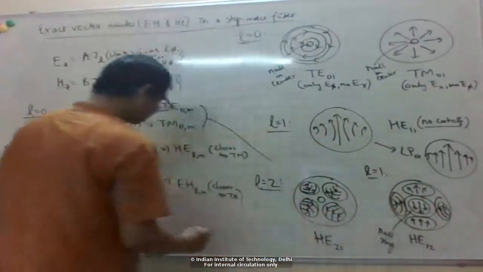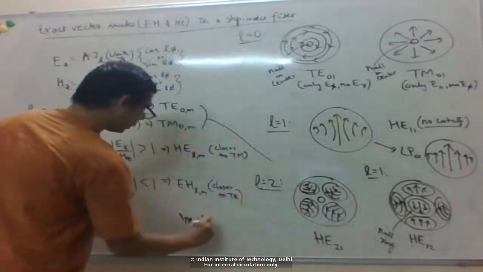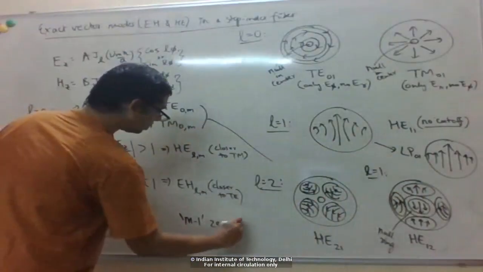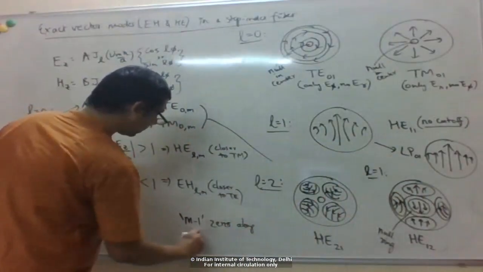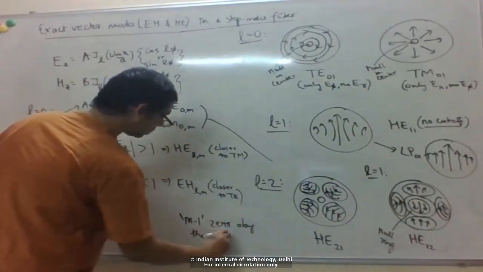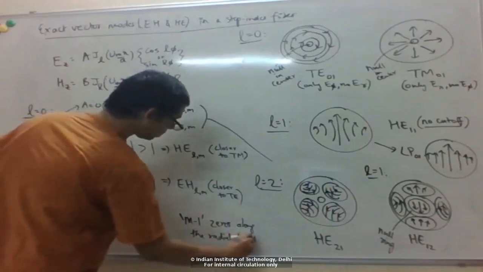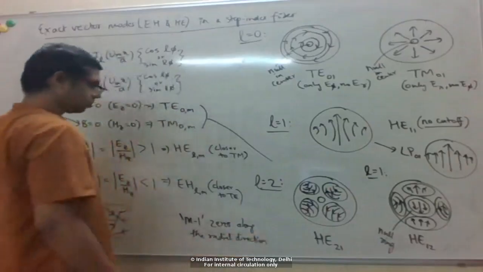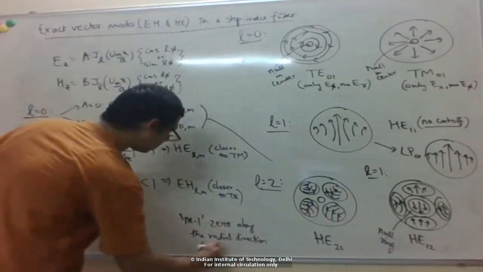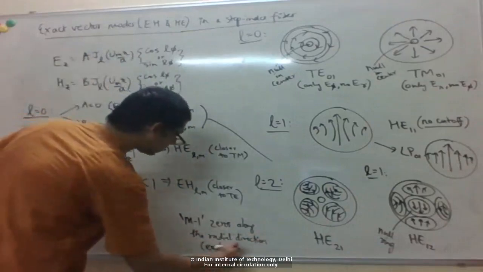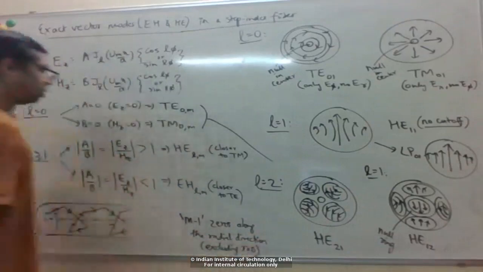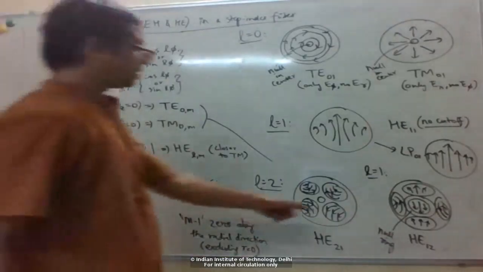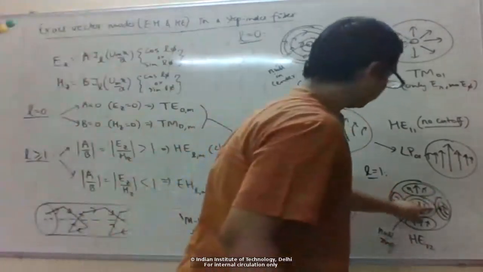Again, we have M minus 1 zeros along the radial direction coming from the Bessel function, excluding the origin. Here M is 2, so we have 1 zero along the radial direction.